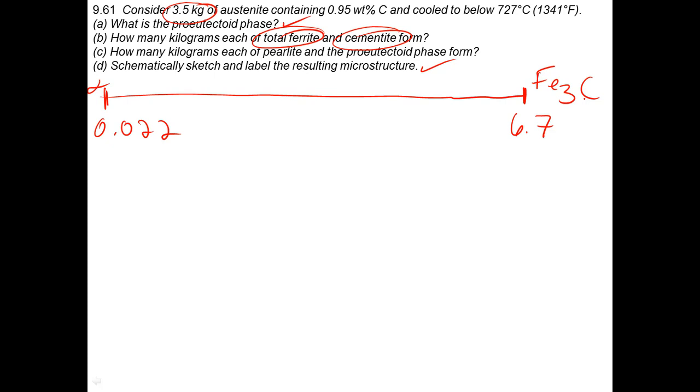Here, we're not differentiating between types of ferrite, for example, whether it's the pro-eutectoid phase or not. We're just using this tie line to allow us to calculate total ferrite and total cementite. We're given that our system composition is 0.95. So I'm going to identify those lengths L1 and L2.